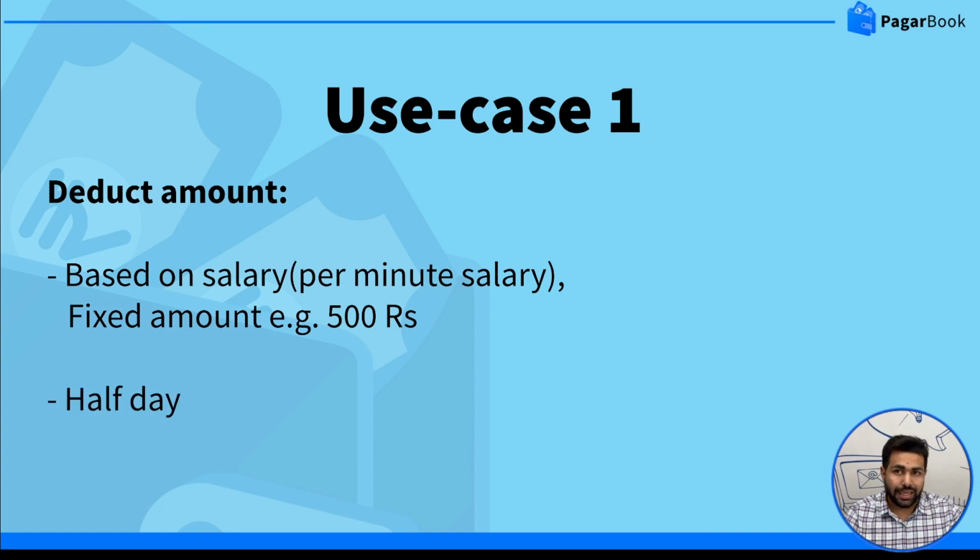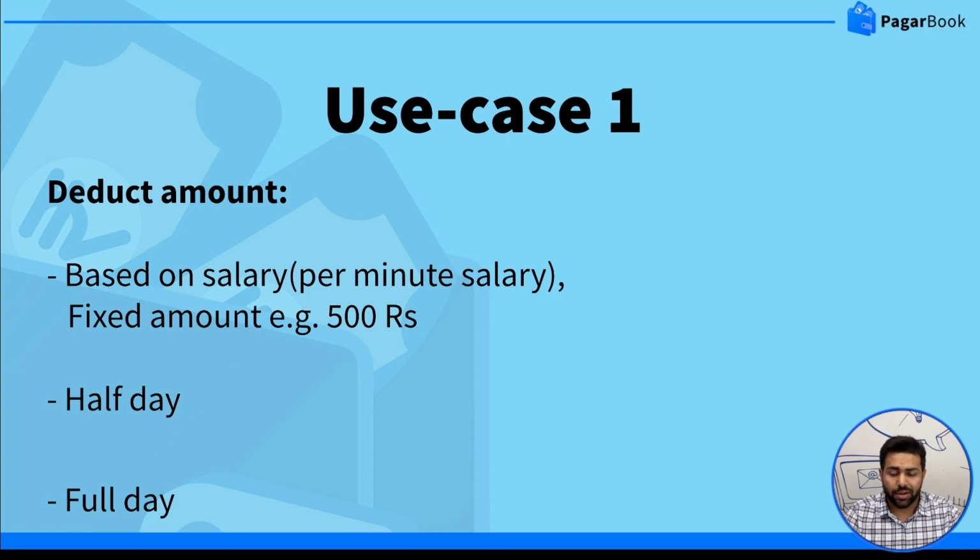Also, if staff is late for more than a particular time, then maybe he wants to deduct half day salary. And if staff is late for more than a particular time, then maybe the owner wants to deduct full day salary. So these are the use cases where the owner wants to deduct amounts in different ways.